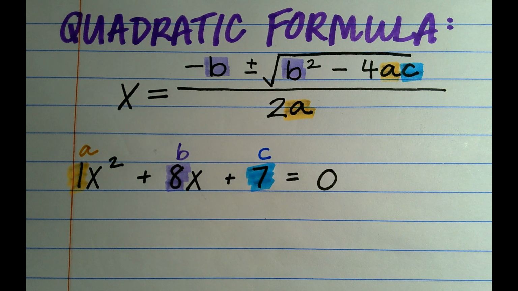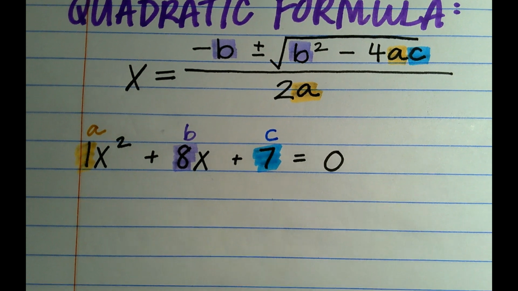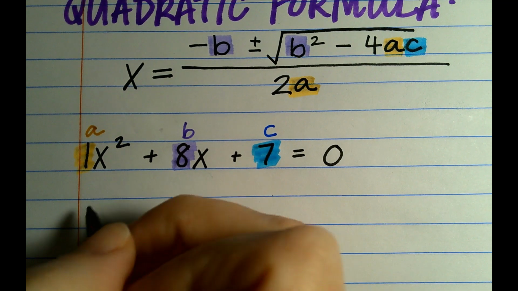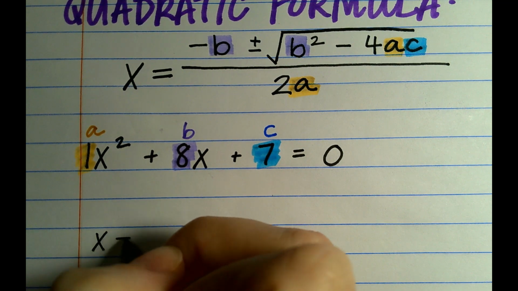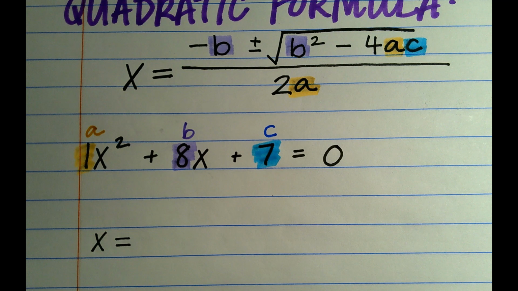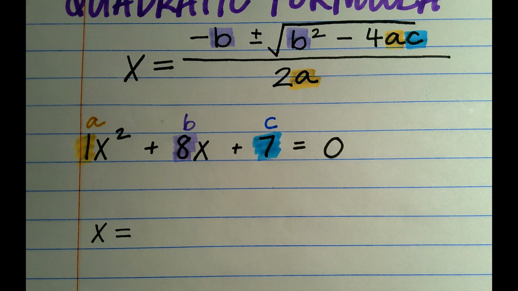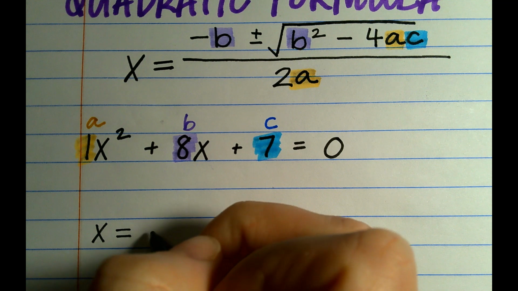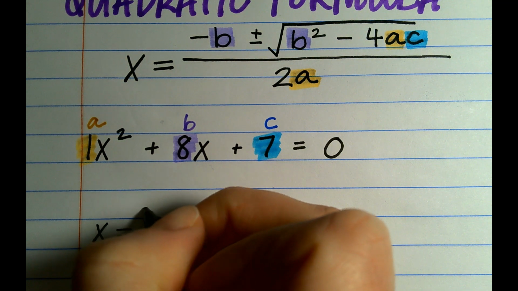Now we're going to start plugging stuff in. So, I'm going to rewrite x equals, and what do we put in first? -8. Good. Negative b, so -8.